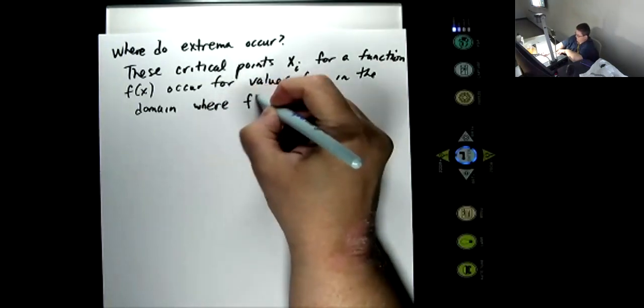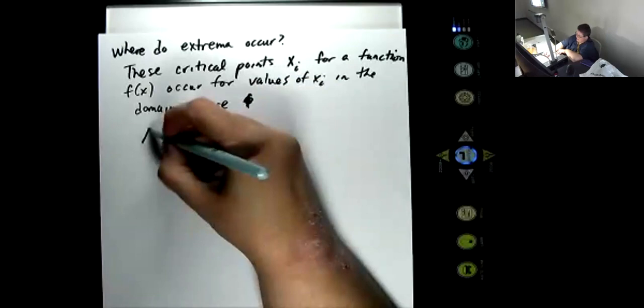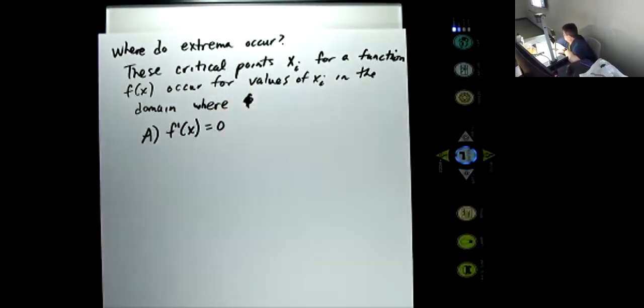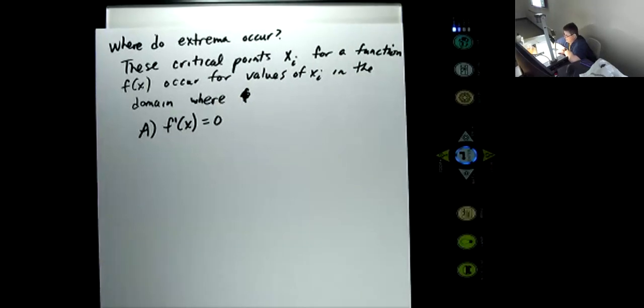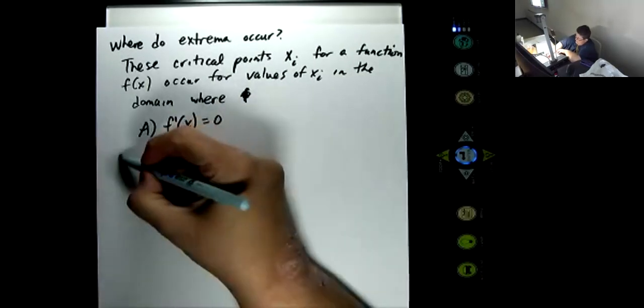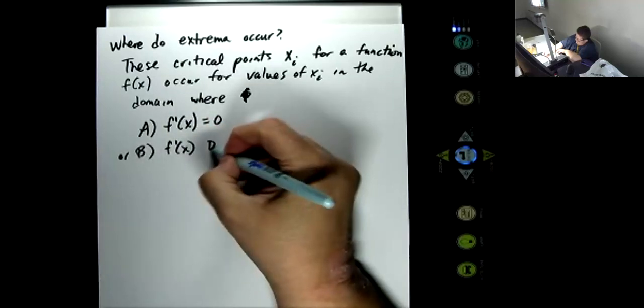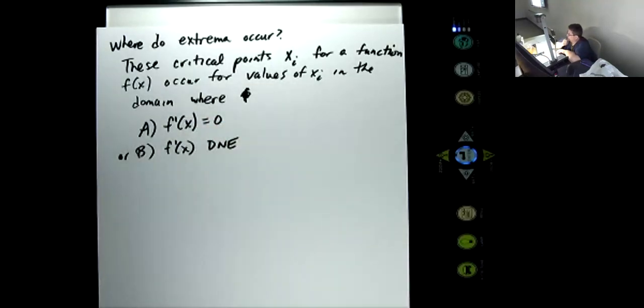Where f prime of, well, a couple options: A, f prime of x equals 0, or B, f prime of x does not exist. And we saw that with our graph right here.